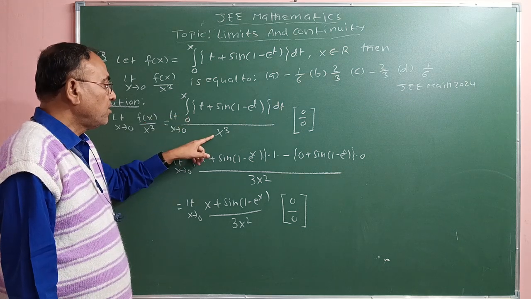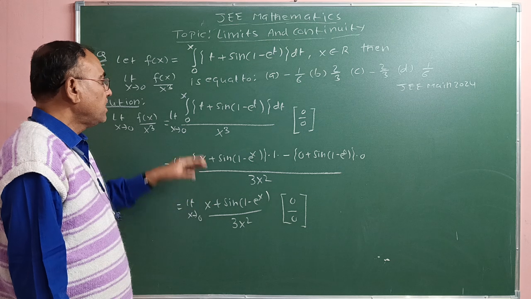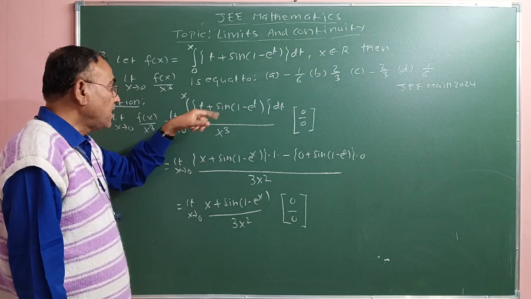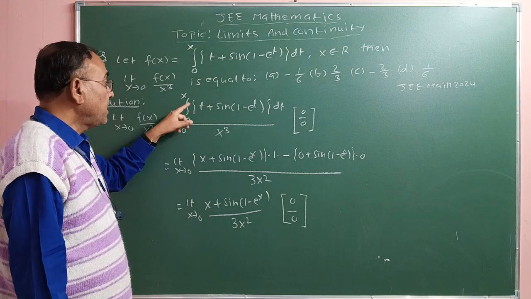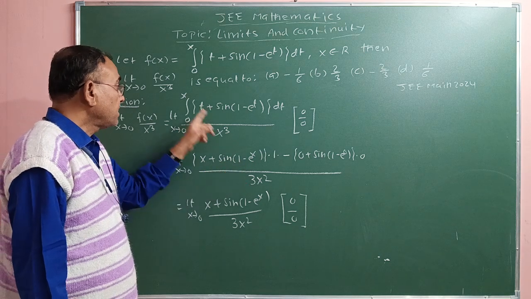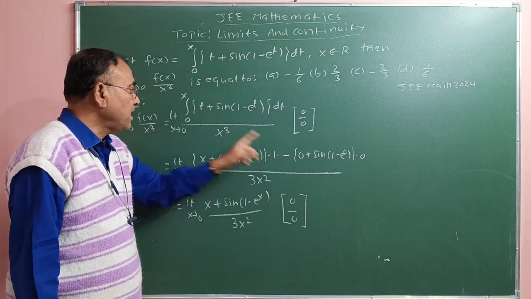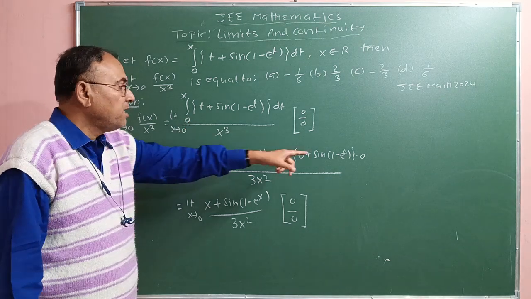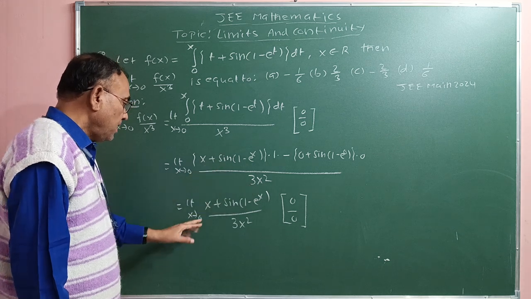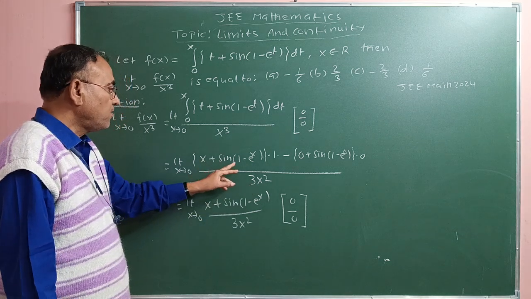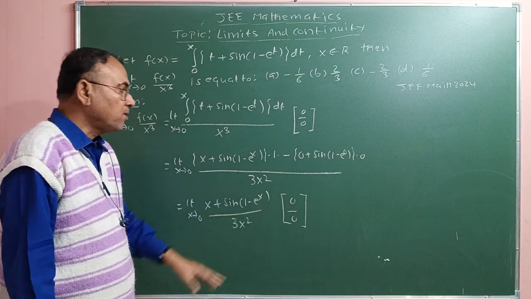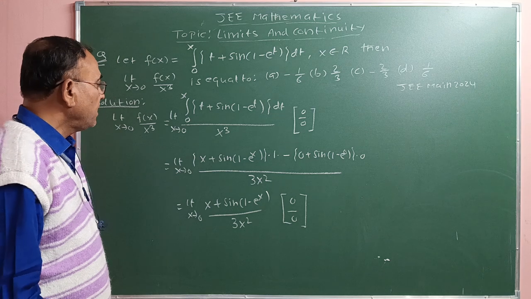Using L'Hospital rule, we differentiate the numerator: replace t by the upper limit, x plus sin(1 minus e^x) into derivative of upper limit, minus replace t by lower limit into derivative of lower limit, upon 3x square. Limit x tends to 0 of x plus sin(1 minus e^x) upon 3x square, and this is also in the form of 0 by 0.